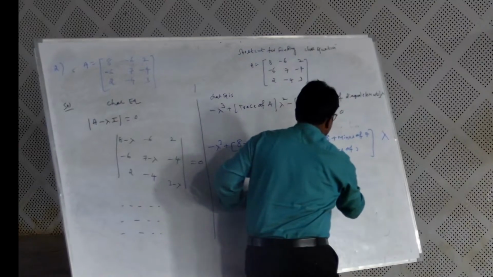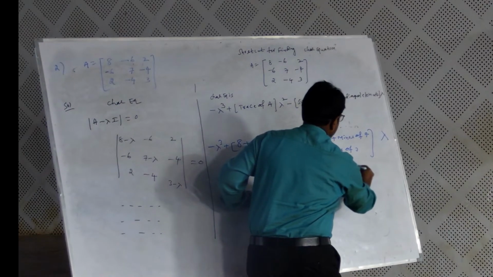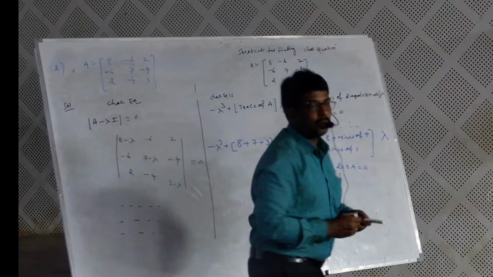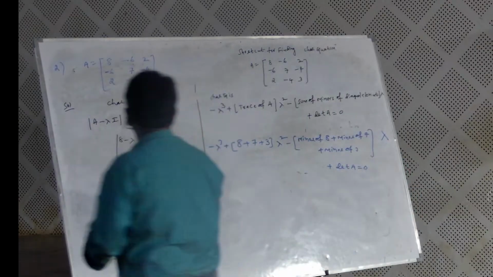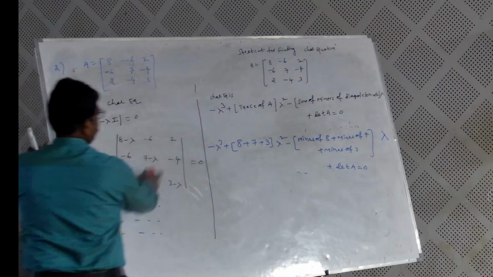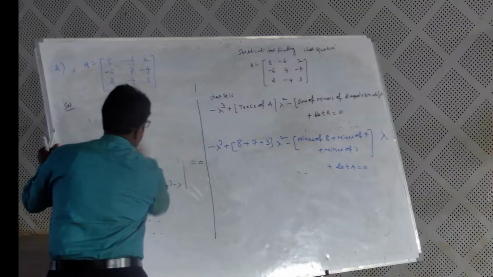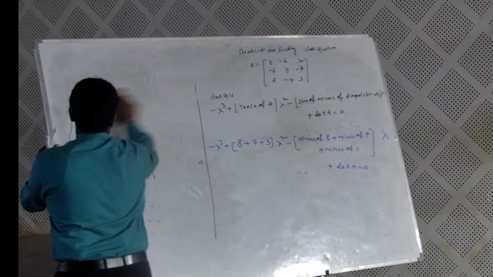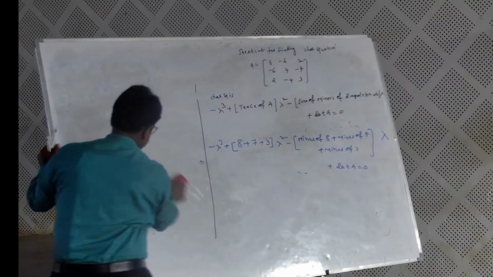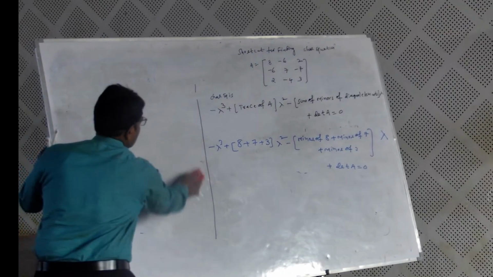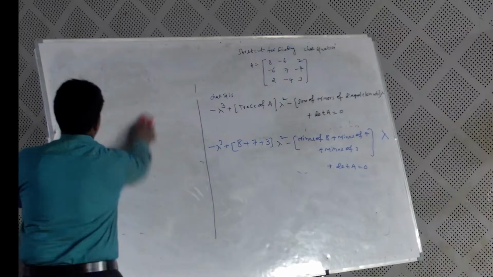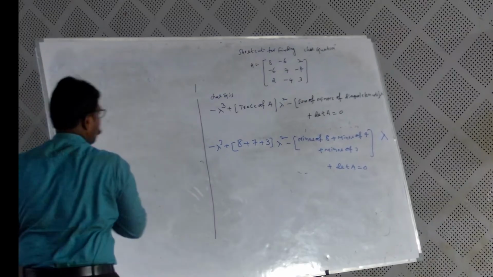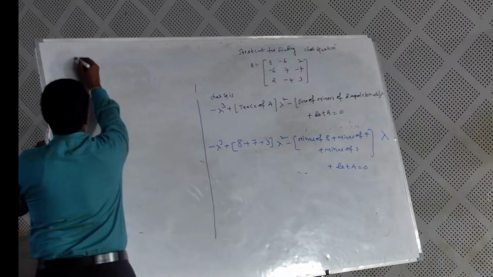And what is the last thing? Determinant of A equal to 0. Determinant of A equal to 0. Okay, so concentrate here.